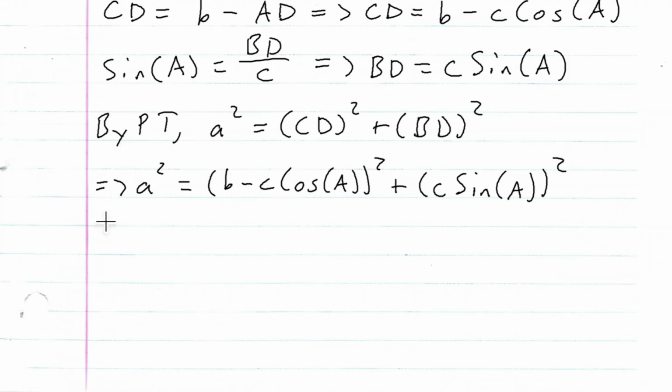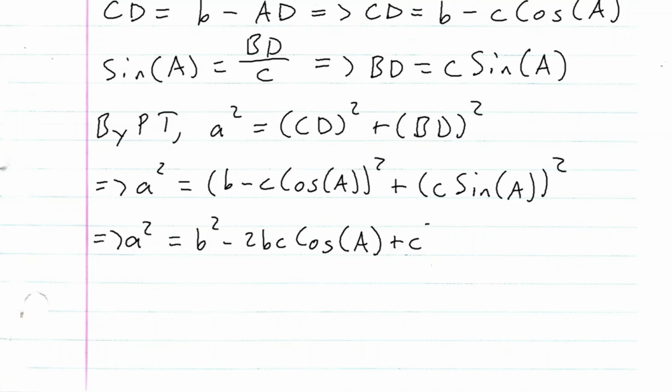So now, doing some basic algebra, I know b minus c cosine A squared is just b minus c cosine A times itself. So if I do that math, I would get b squared minus 2bc cosine of A plus c squared cosine squared A. And then of course c sine A squared is just c squared sine squared A. Now I'm really close to my formula, right?